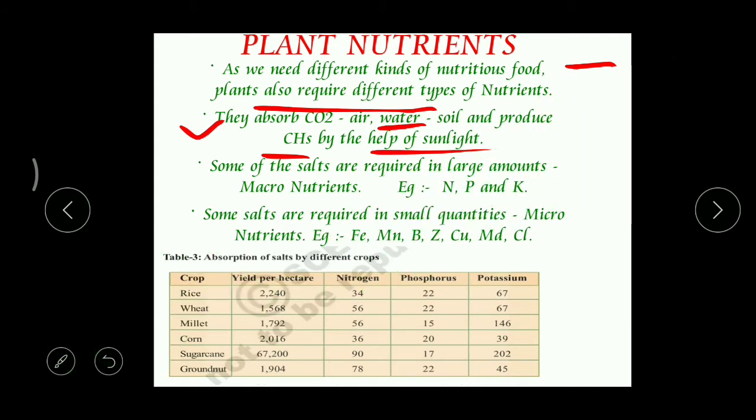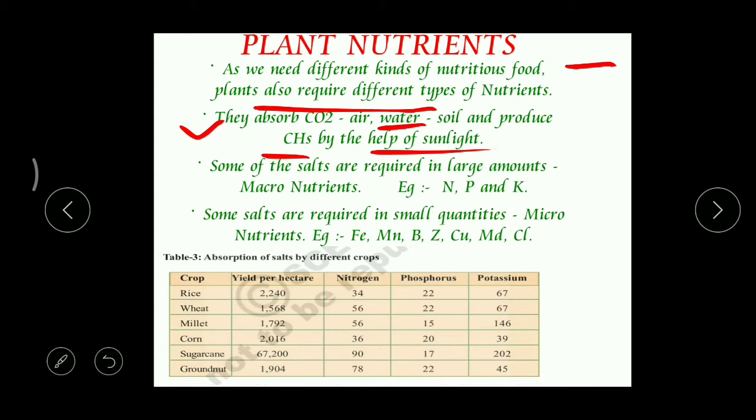Just now I told, these plants need different types of nutrients. When you take carbohydrates, proteins, fats, can you say that you need all these nutrients in the same quantity? No. We need carbohydrates and proteins in large amounts, and in the same way fats are needed in a less amount.